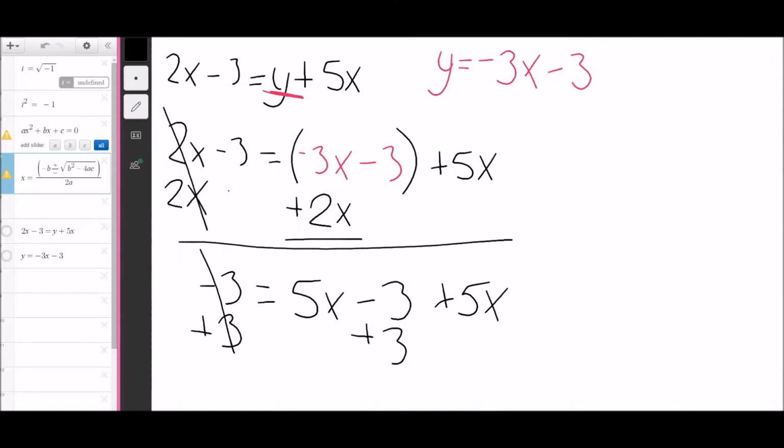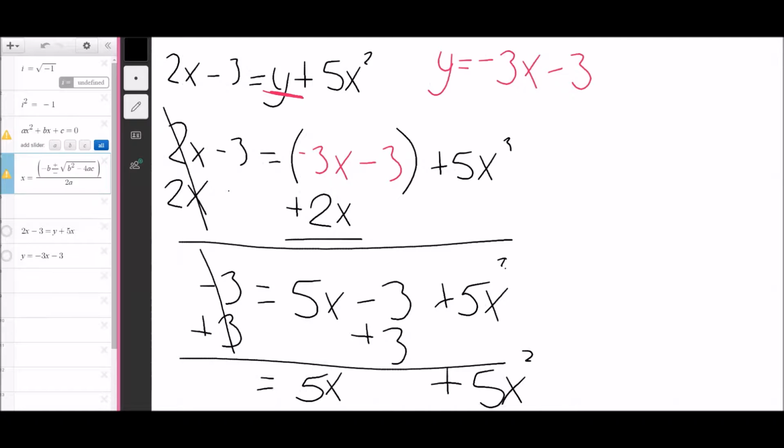So it's going to rewrite it again, which is going to be 5x plus 5x square, and then it's going to equal 0.